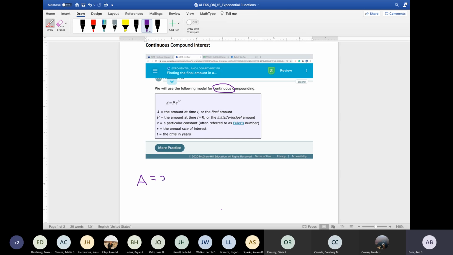So that's our P. And then E is just a number, this very special number, raised to the R. R is our interest rate. So we were told that our interest rate in this problem is 4%.